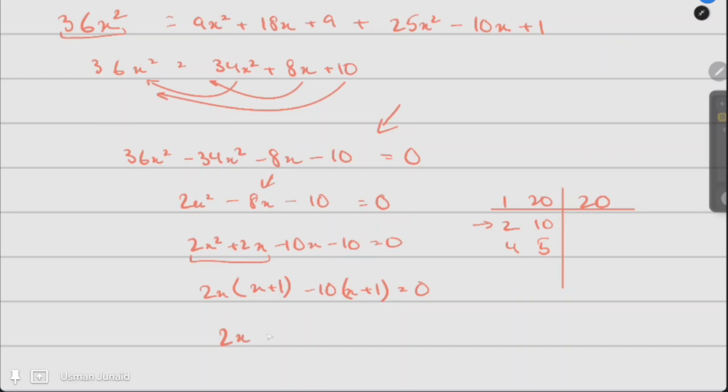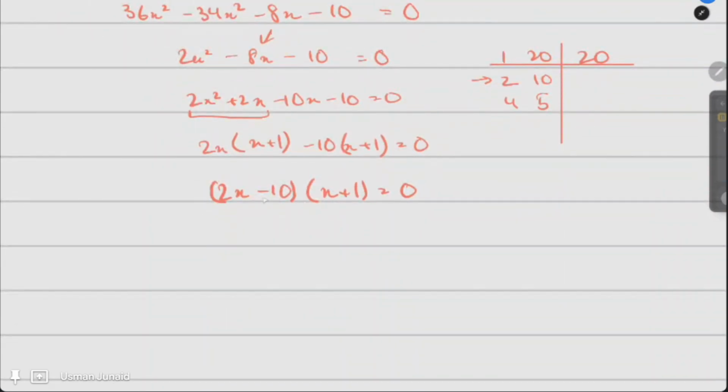Can we have 2x minus 10, we take that common and we take x plus 1 common, is equal to 0? Yes? Okay. Now, since both of these are equal to 0, either x is equal to minus 1 or x is equal to 10 over 2, which is 5. Does that make sense?